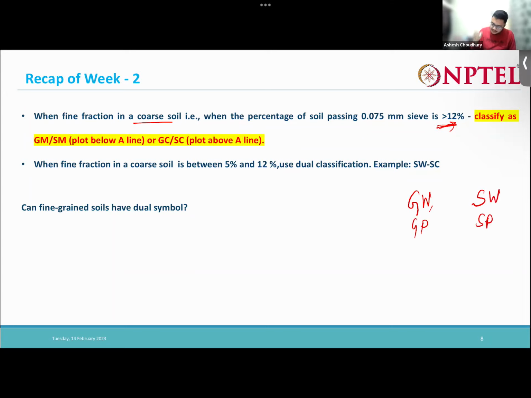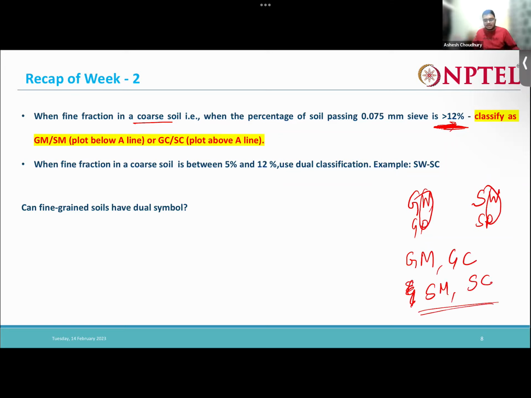Now in this case, if our fine fraction is greater than 12% in a coarse soil, our suffixes are going to change. It will be GM, GC, or SM, SC, if there is a considerable amount of fine fraction in our coarse soil. This is the condition.